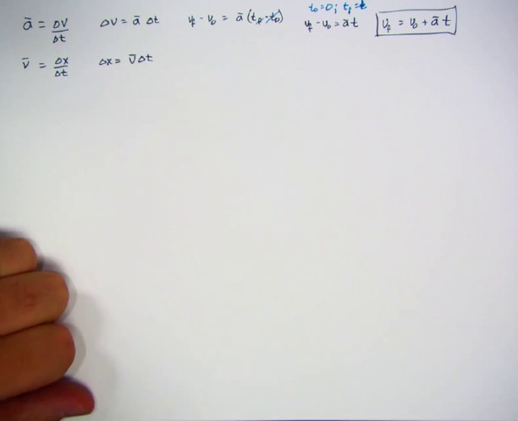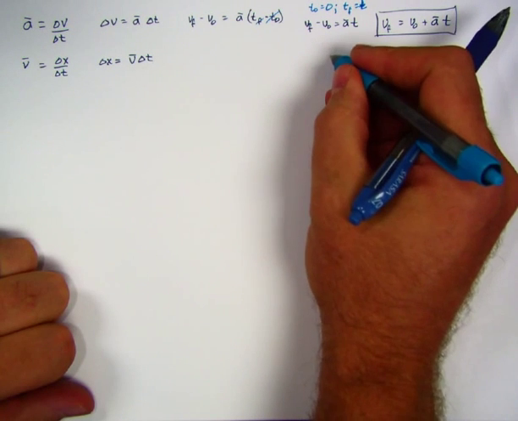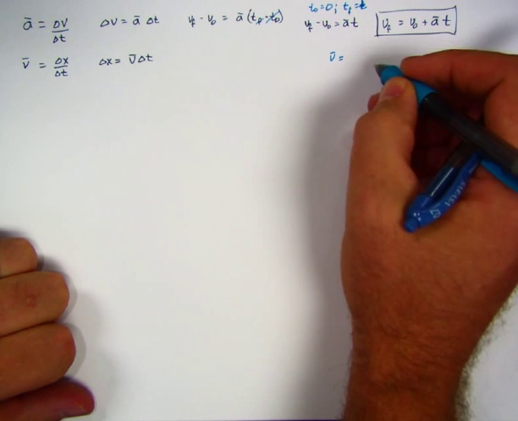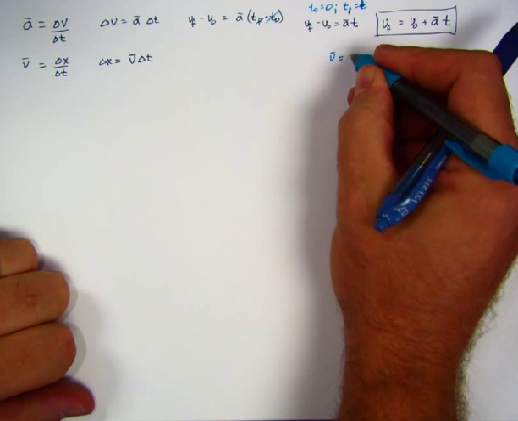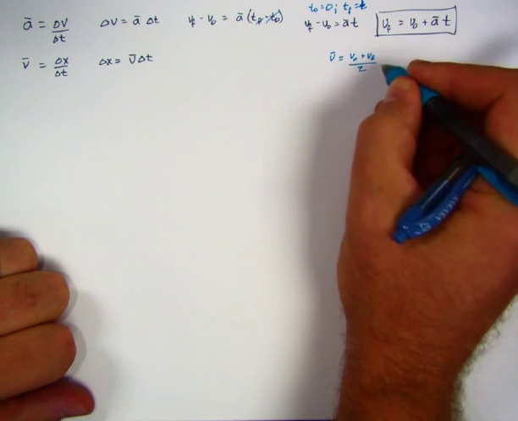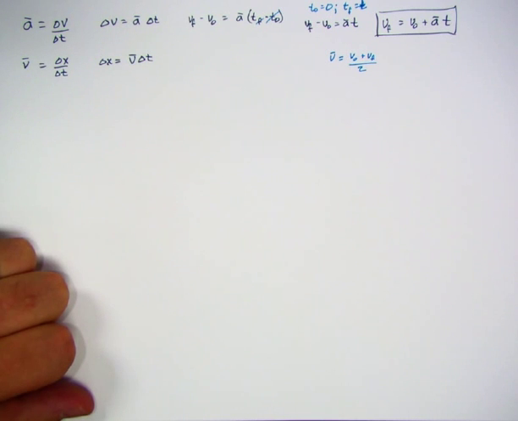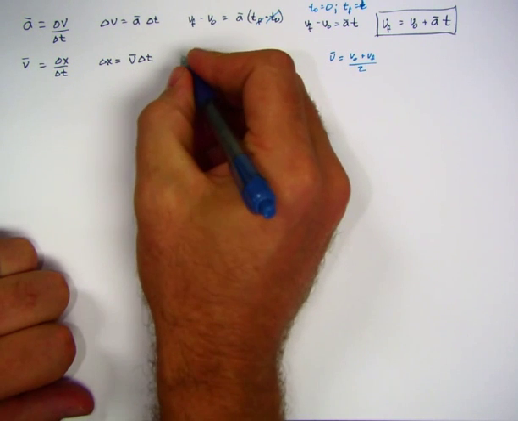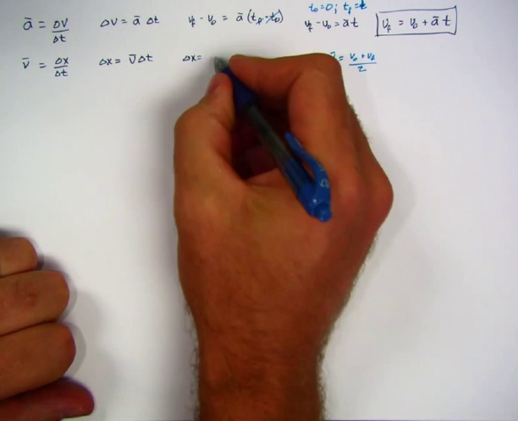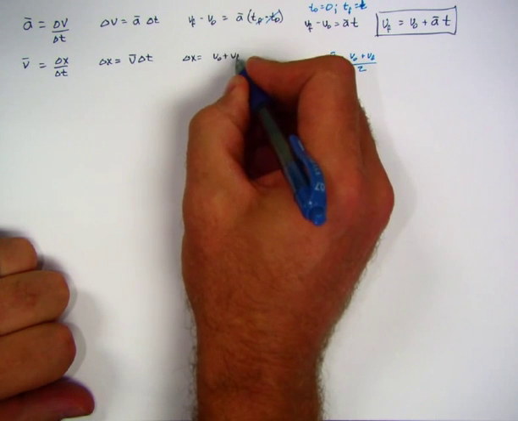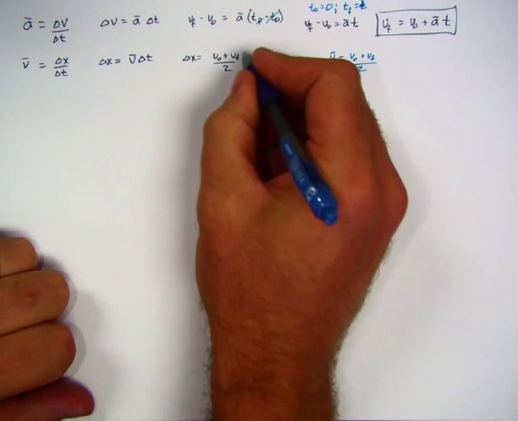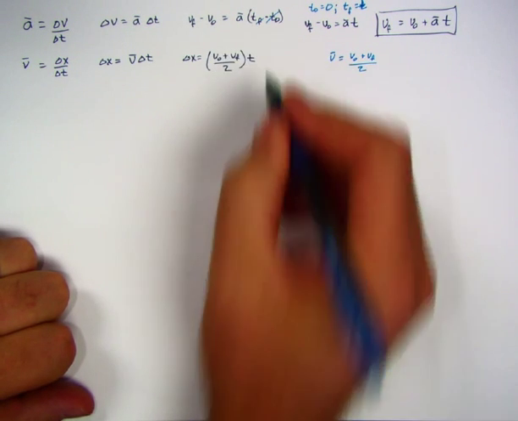But we also know how to find the average: you just add them all up and divide by 2. So average velocity is v initial plus v final, divided by 2. That is going to be the definition of average velocity. So I'm going to be able to say change in position is average velocity, v initial plus v final over 2, times delta t, which in our notation is going to be time.